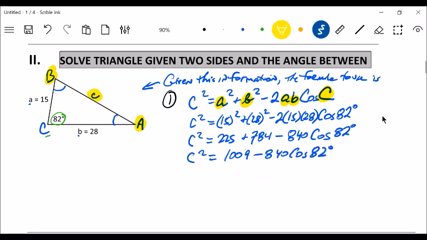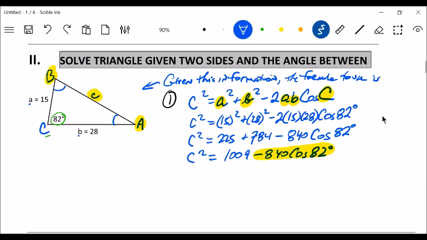Now here is a place to watch out for where people sometimes make errors. This is what we have, and what some people will do is accidentally look at this and do that subtraction. A problem with that is the order of operations. The order of operations says that you have to do this first. You have to do the multiplication that's in here, that's implicit, understood between a number and something like cosine of 82. So we have to do that first.